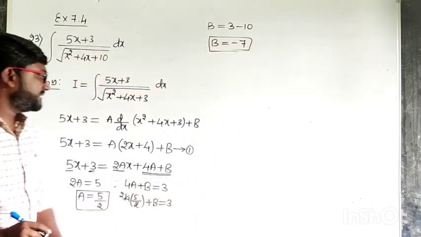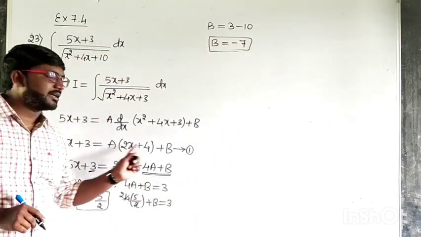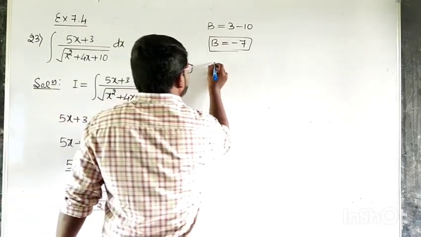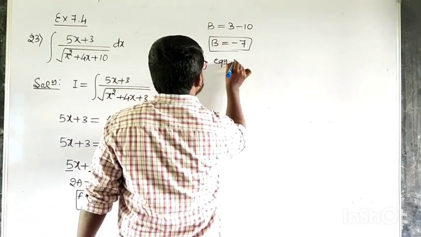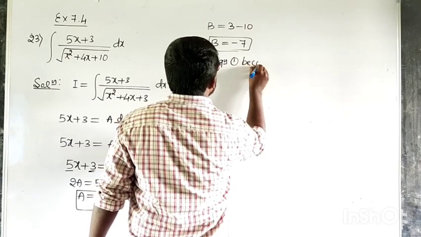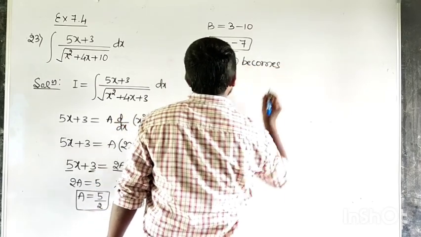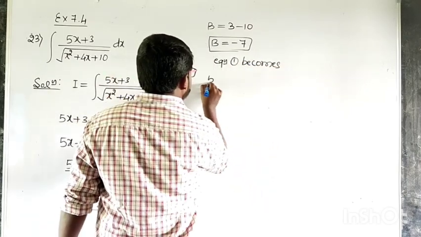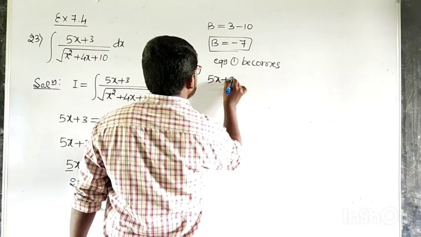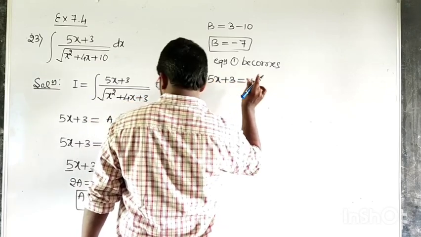Next we have to substitute A and B in equation number 1. So equation 1 becomes 5x plus 3 is equal to A, what is A?